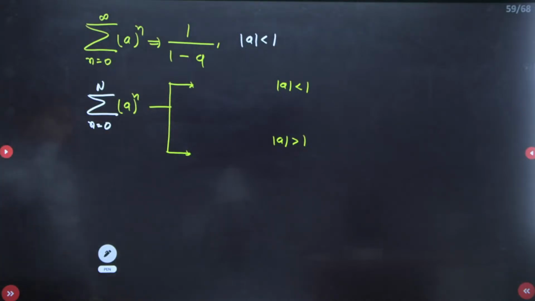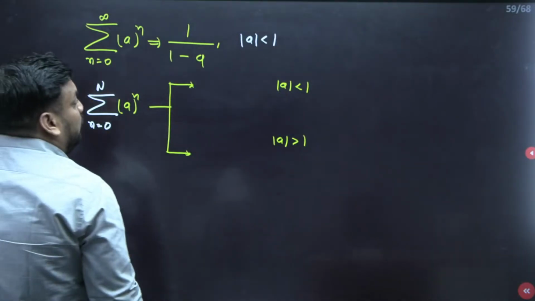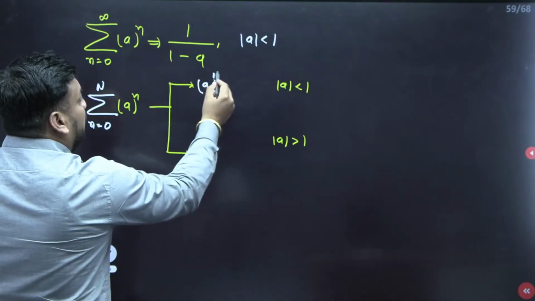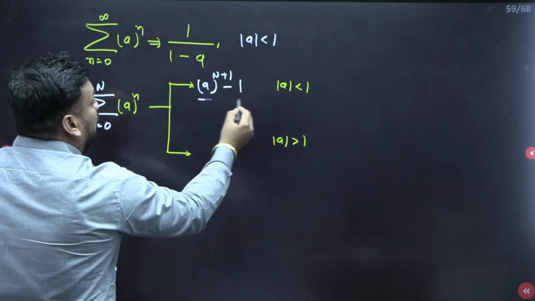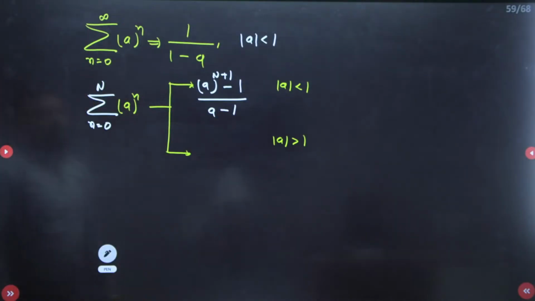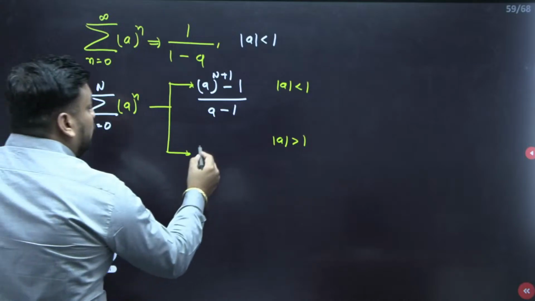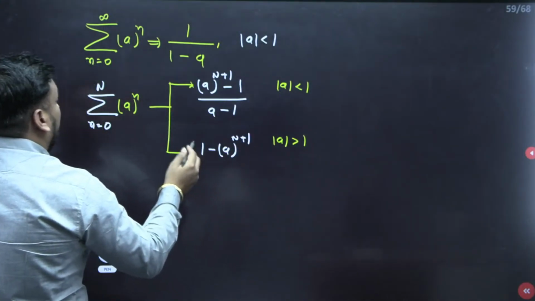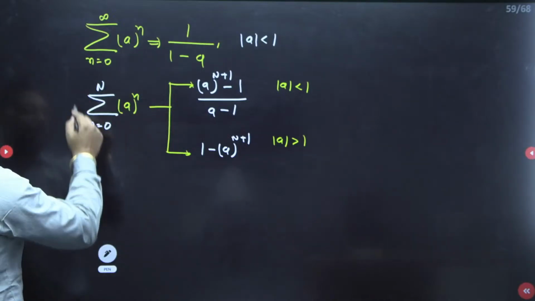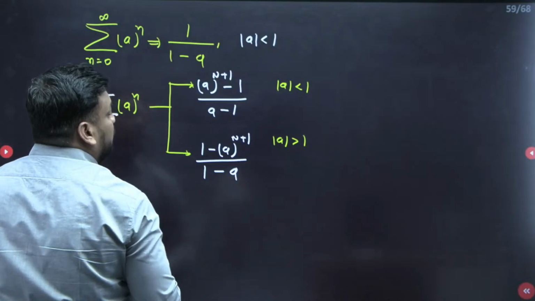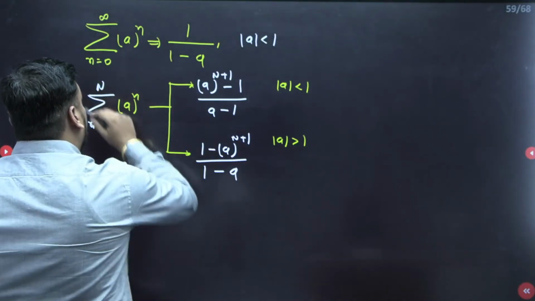Suppose mod of a is greater than 1, then the formula is a to the power capital N plus 1 minus 1 upon a minus 1. Similarly, in the other case the formula will be 1 minus a to the power n plus 1, that is upper limit minus lower limit plus 1, so n minus 0 plus 1, upon 1 minus a.